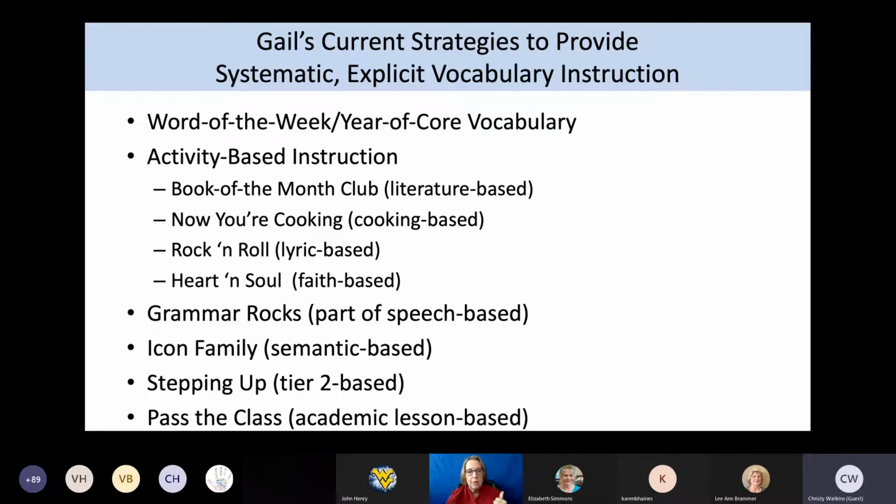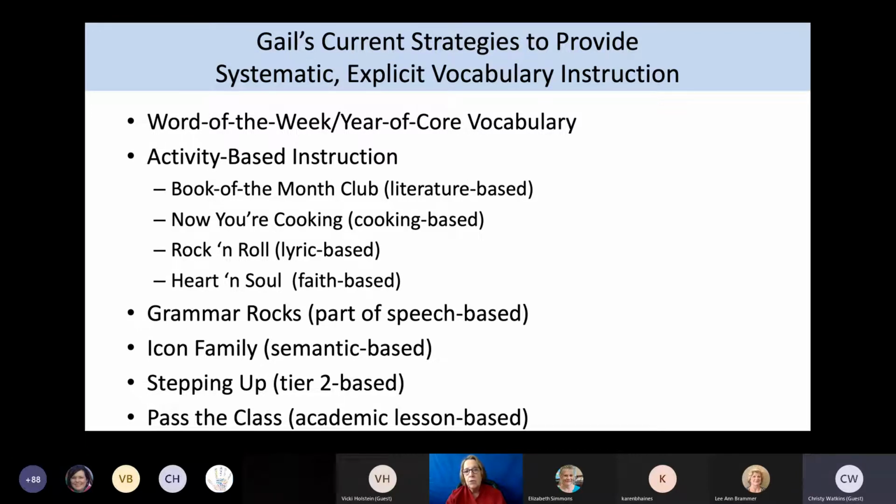I'm not just grabbing a bunch of words today to work on. I have a word list. I have that wall chart. That wall chart becomes part of my system. Those are the words that I'm aiming to make sure I have provided instruction on.